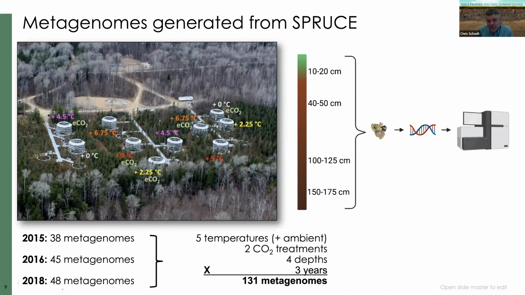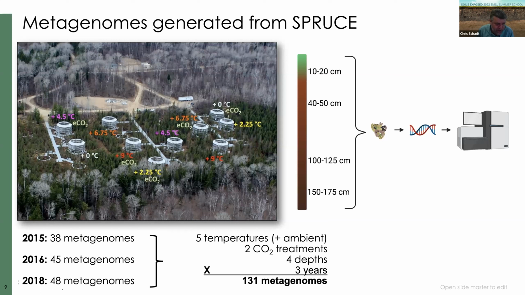So throughout the course of the SPRUCE experiment, we've been collecting metagenomic and other types of data. Our lab has primarily taken charge of collecting the metagenomic data in collaboration with JGI.